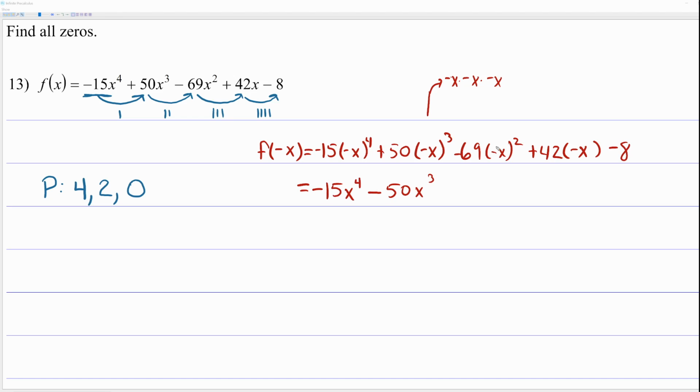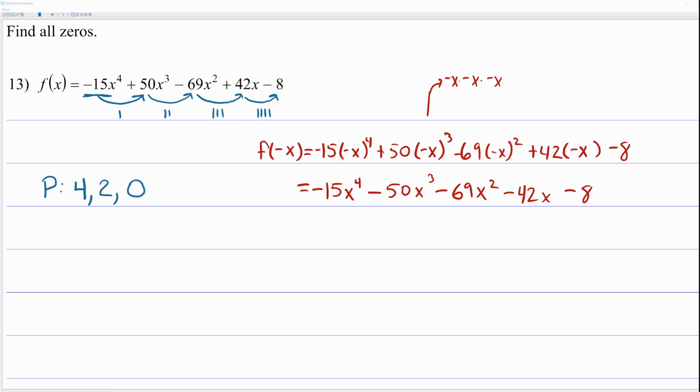Now go to the next term. Negative x times negative x is positive x squared, but positive x squared times negative 69 is negative 69x squared. Now the last couple of terms, there's not much to do. This is negative 42x minus 8. So that's f of negative x.